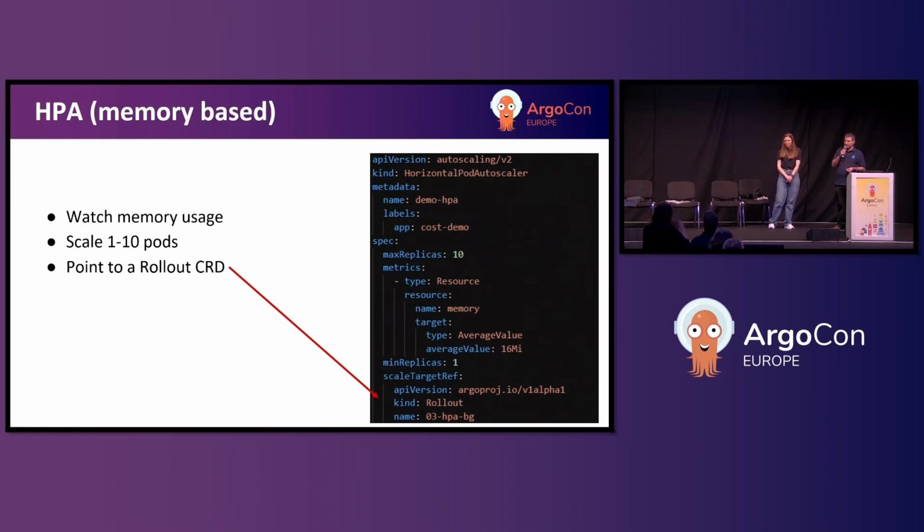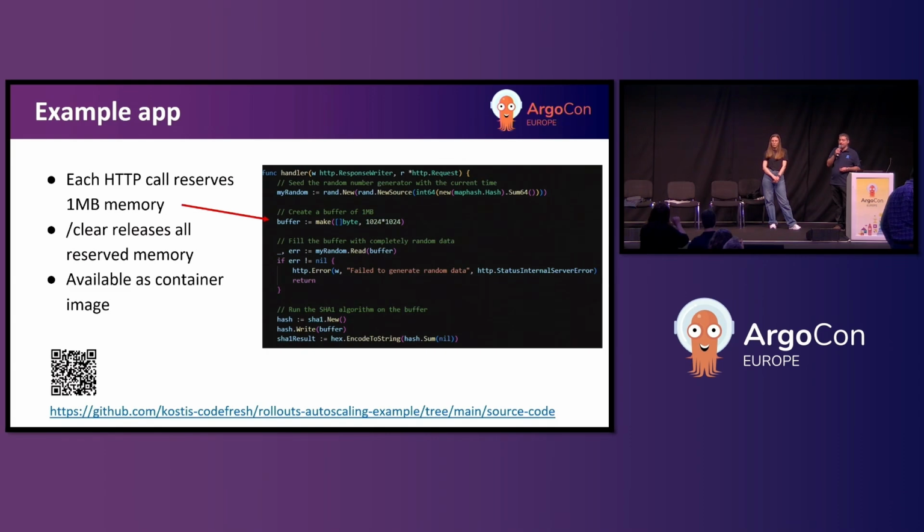And in this example, it watches memory usage. And in the same repo, we also have an example application that consumes memory. Every time you call it, it reserves 1 more megabyte, so you can apply it with HPA and see how HPA works in practice. This is also available in the same repo as the other examples.